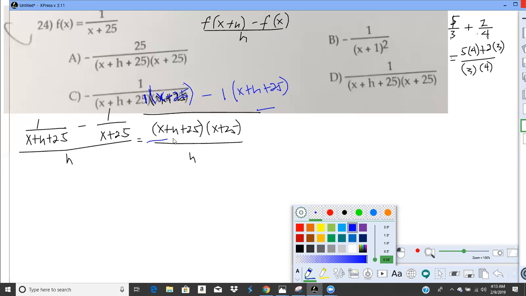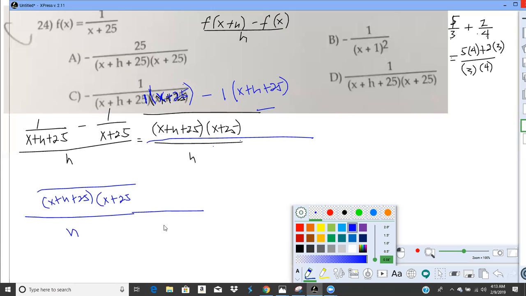But this is the main division sign, so I'm going to copy that here. This one, I have h, and then the two denominators, and on top, x + h + 25. You need to keep track of your fractions. This is the longest bar.